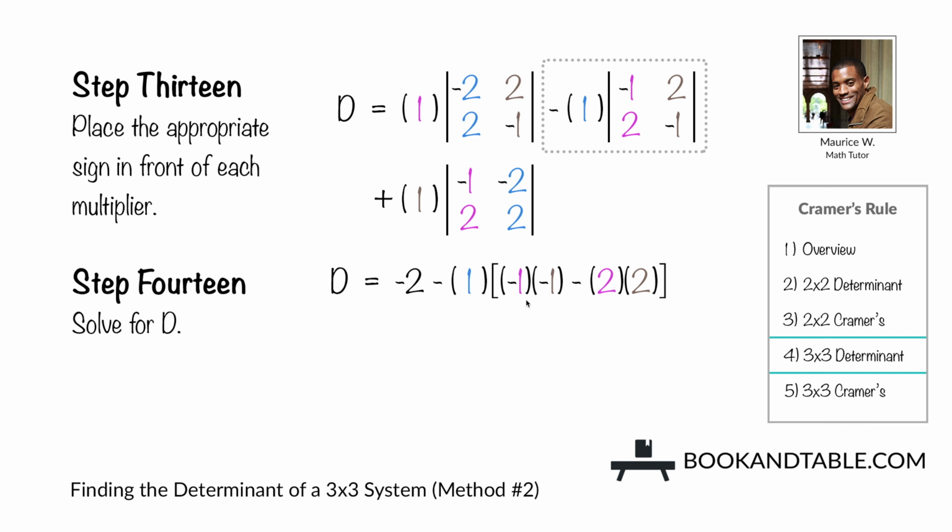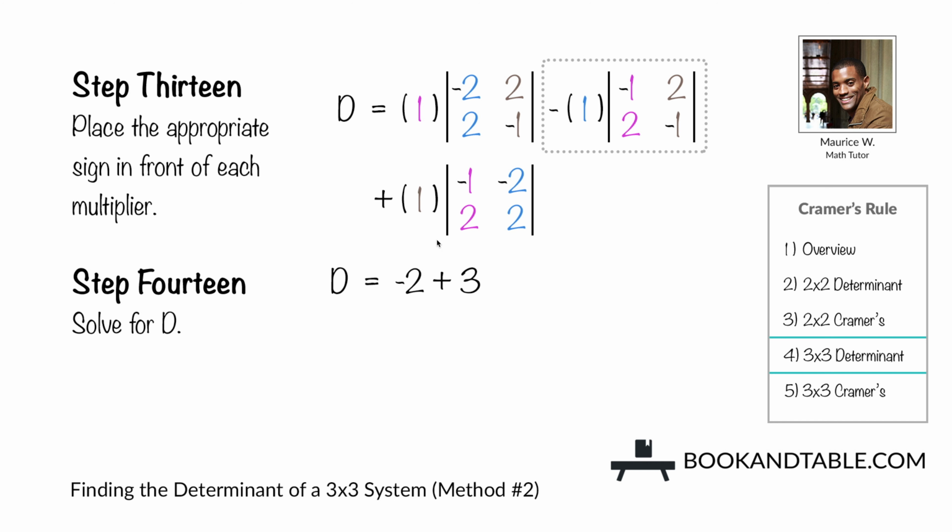So now we can evaluate this starting inside the brackets, giving us -1 times -1, which is +1. +1 minus 2 times 2 would be 4. So we get 1 minus 4. And 1 minus 4 would be -3. 1 times -3 is -3. Minus -3 is equivalent to +3. So now we know this 2 by 2 is equivalent to +3.